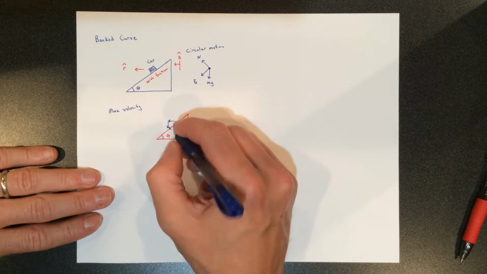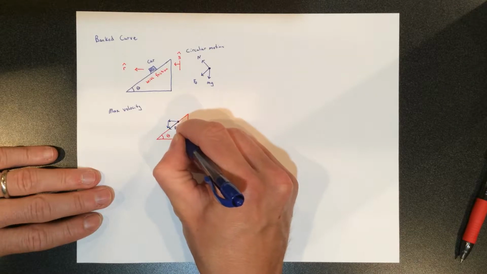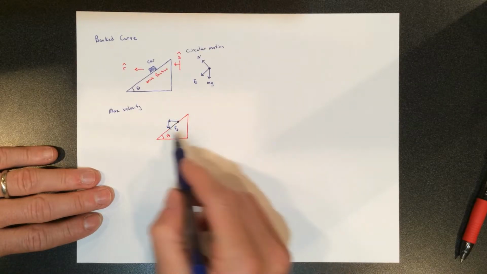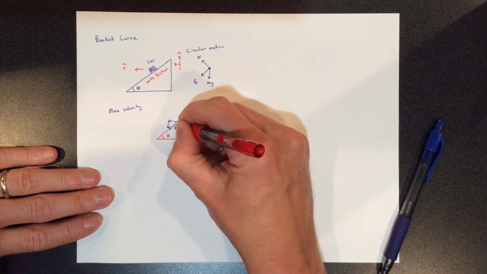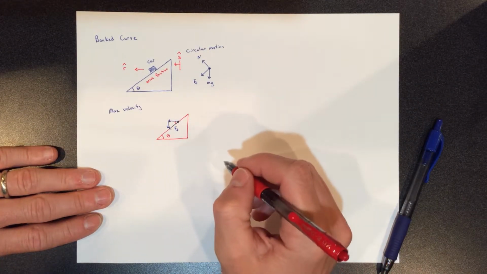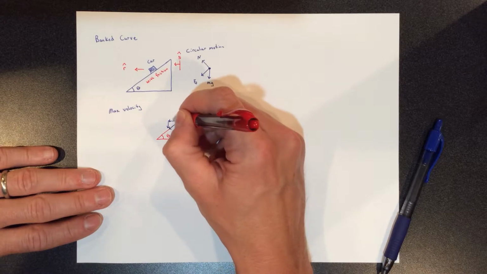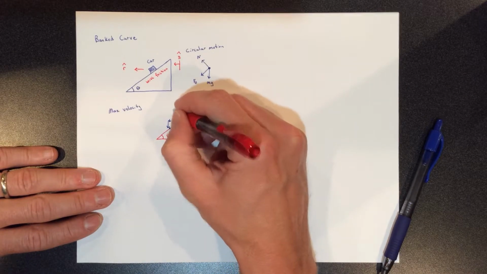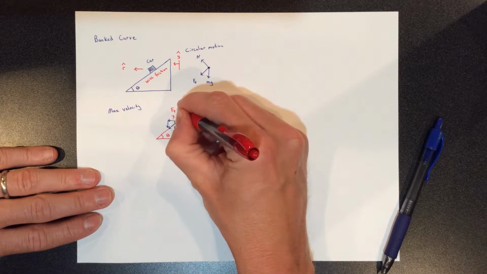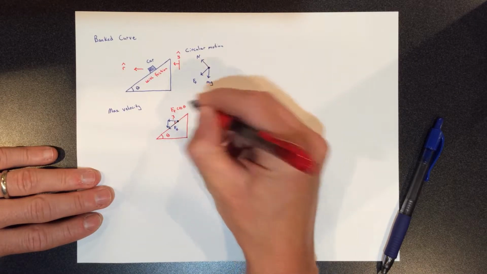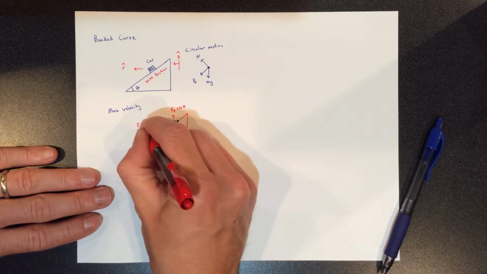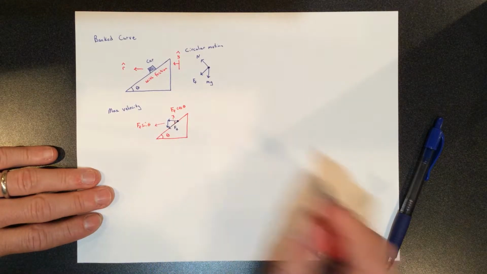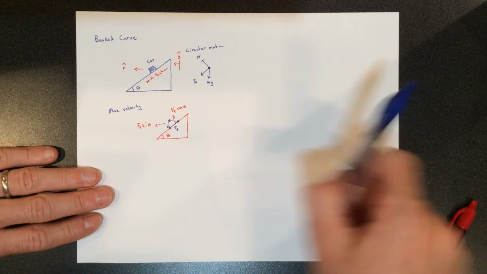We need to figure out which one is cosine and which one is sine. I want to remind you, this is the angle of elevation and this is the angle of depression. Those angles are the same. So this inward piece here is FF cosine theta, the adjacent piece. This one over here is FF sine theta. So we have that one broken down like we need it.